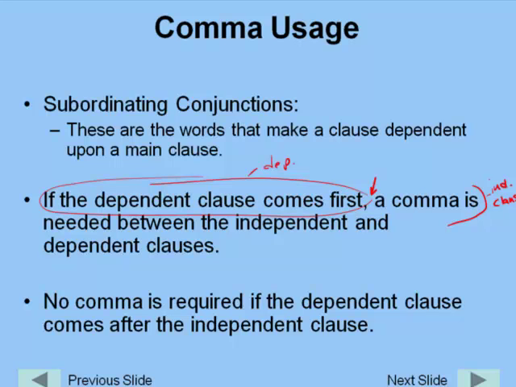And then this next sentence says no comma is required. That is an independent clause if the dependent clause comes after the independent clause. So this is a dependent clause. Again, the word that makes each of these clauses dependent is the word if. If you stick the word if onto any sentence, it suddenly becomes less than a complete sentence.